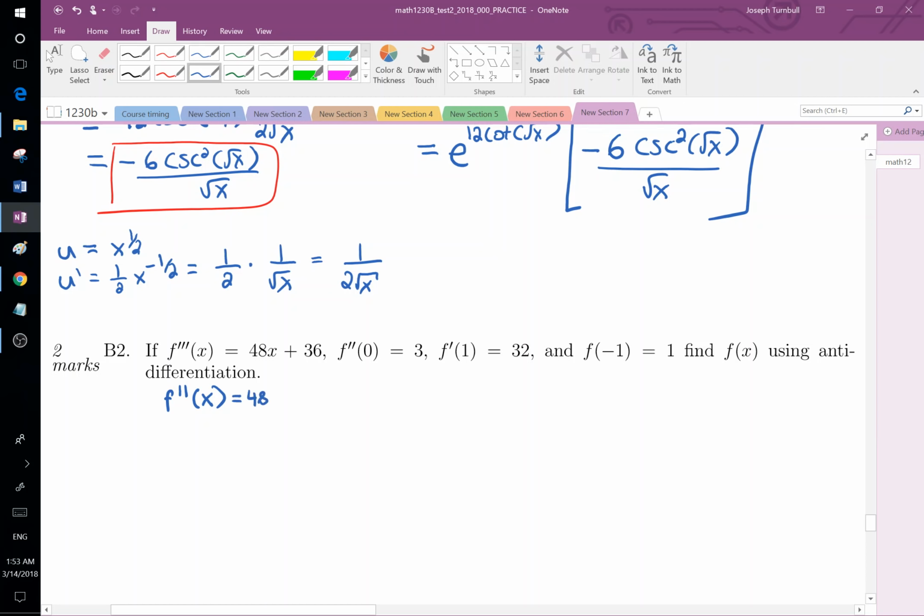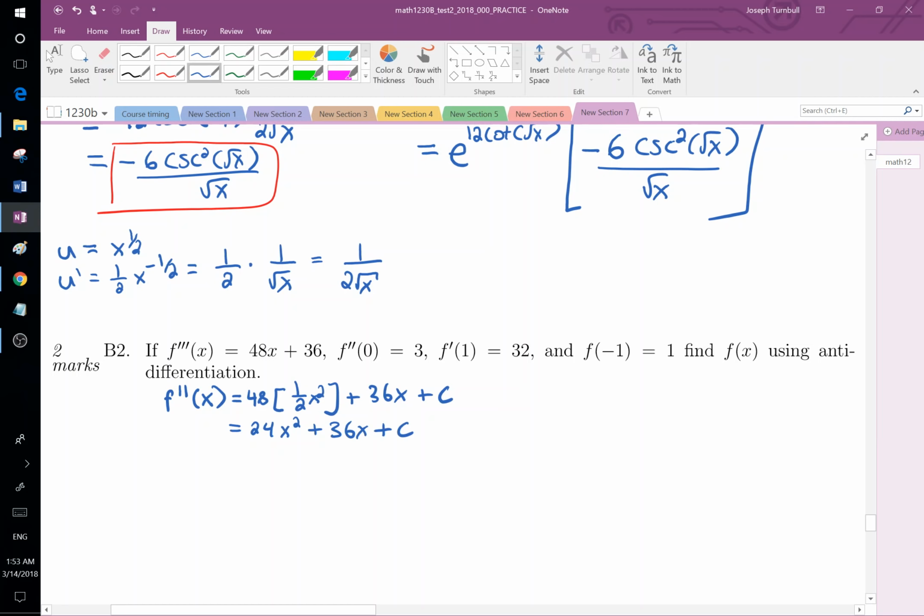Antiderivative of x is 1/2 x squared. Antiderivative of 36 is 36x, and we get a plus c. Before doing anything else, I'm going to clean it up. 48 over 2 is 24, and then x squared plus 36x plus c.